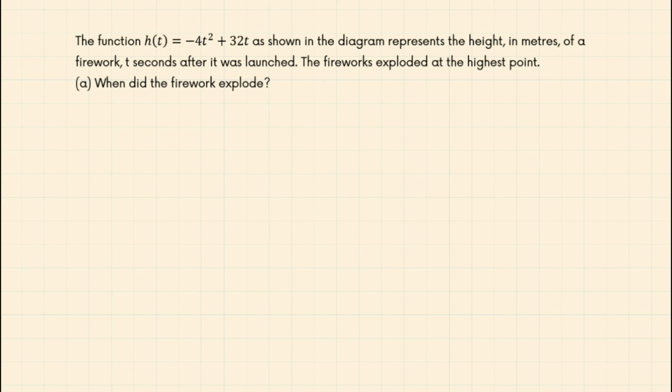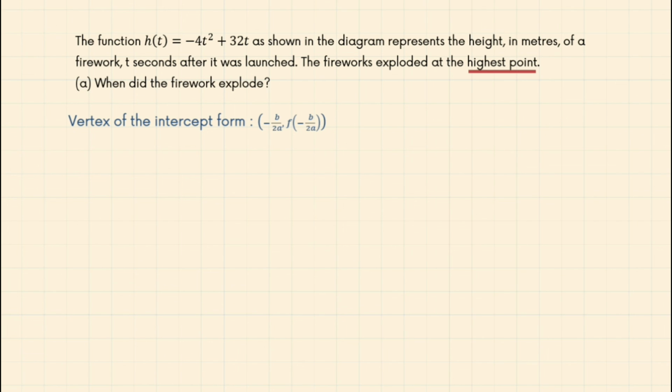Students, to answer question A, the keyword is highest point, since it was stated that the highest point is where the fireworks exploded. We know that the highest point of a quadratic function is the vertex. The formula of vertex coordinates of the given function is negative b over 2a, comma, function of negative b over 2a.